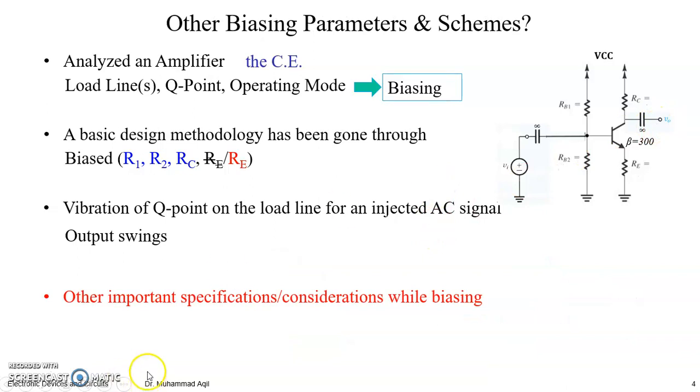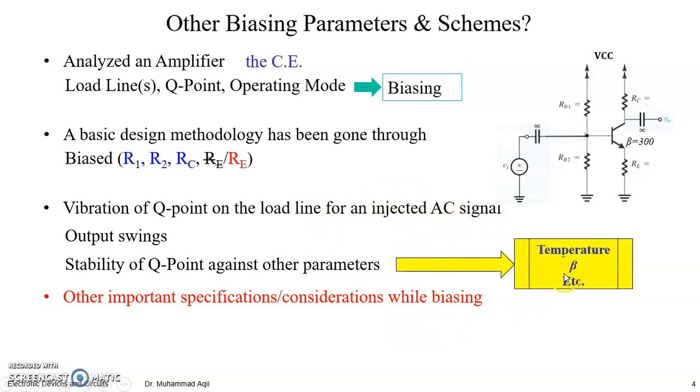So do we have other specifications or considerations while biasing a transistor? Yes, the number one and the main thing is stability of the Q point against other parameters. Other means other than the injected AC signal. What are they?